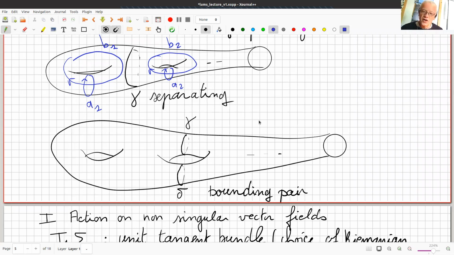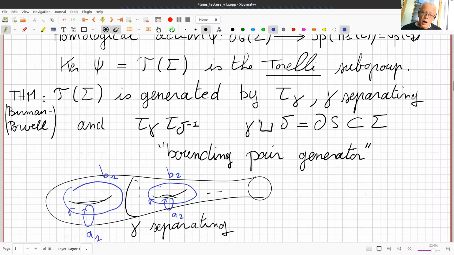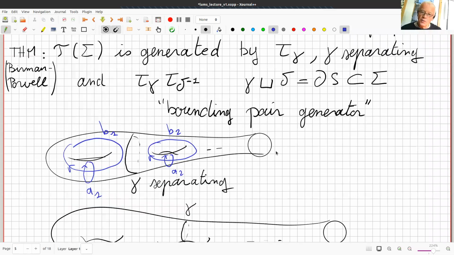And this result of Birman and Powell says that you get generators with those. So you should think that in this kernel, you have compositions of Dehn twists along separating curves, or maybe bounding pairs like this.